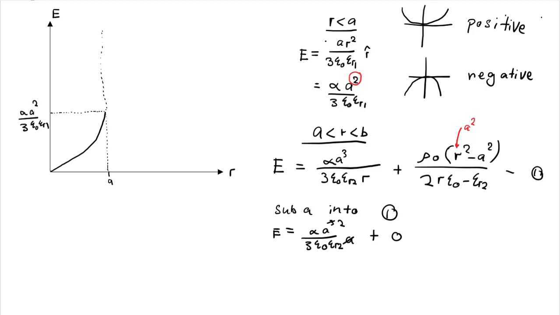So now we have this answer, alpha A square over 3 mu naught mu r2. We just take this and write it here, and there's going to be a jump. Okay, so let me just write this down this way.